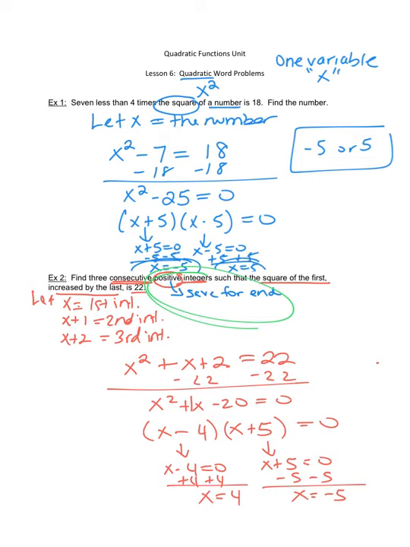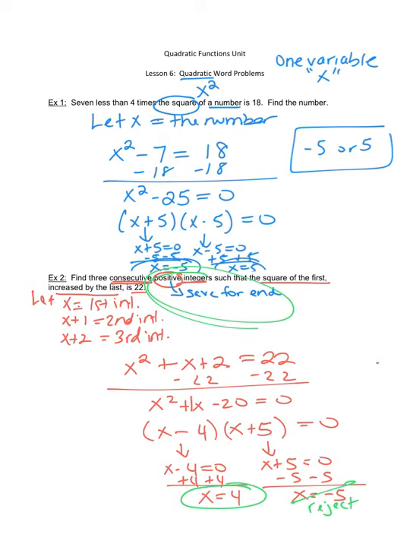So I'm only going to accept 4 as my answer, and we're going to do something very common with these word problems: we're going to reject. We draw a line through it and write the word reject. We're going to reject the negative, because the problem said only positive integers. So we're only accepting the 4.